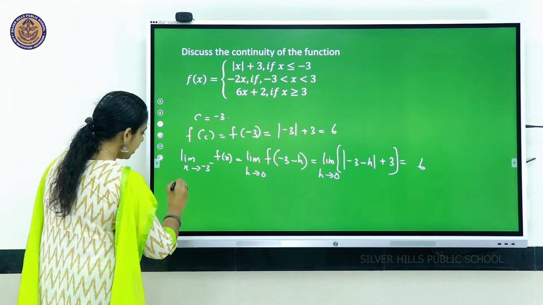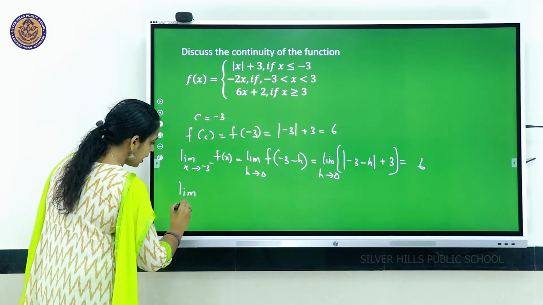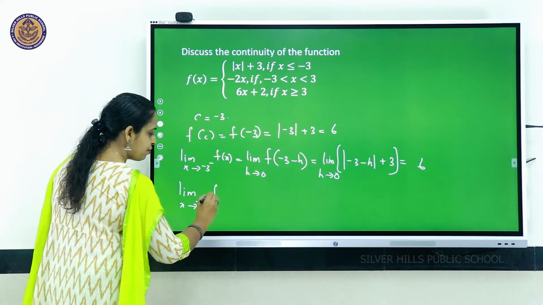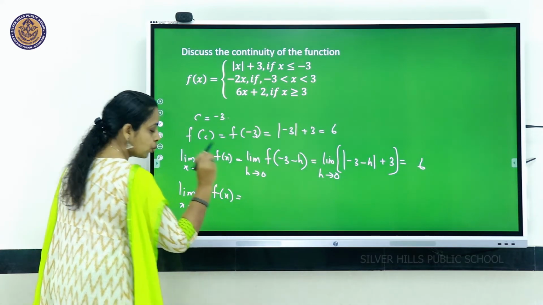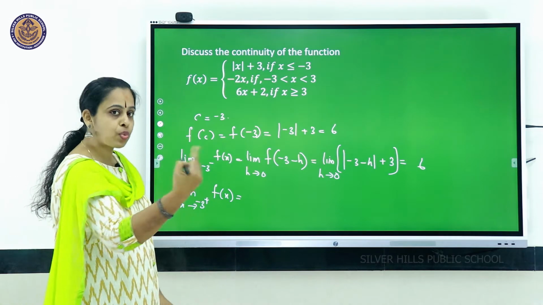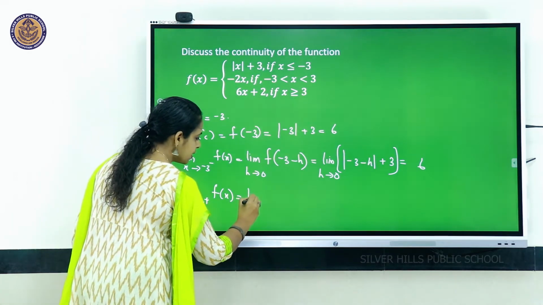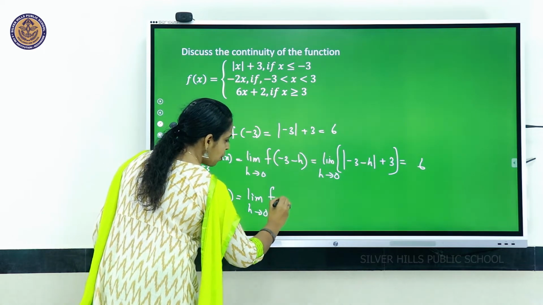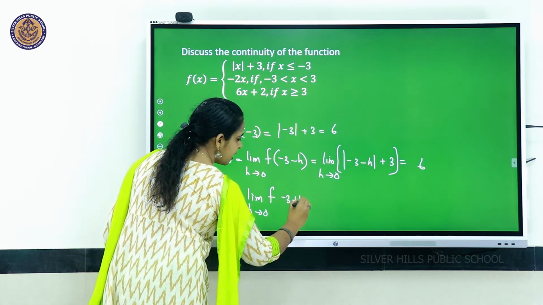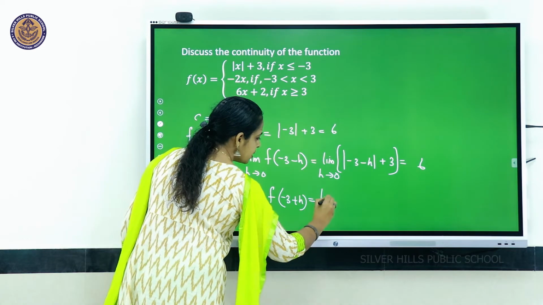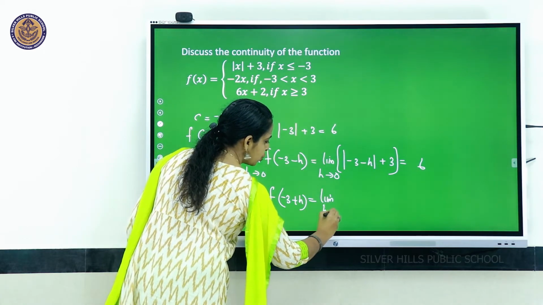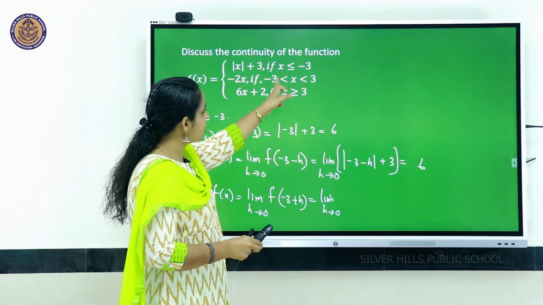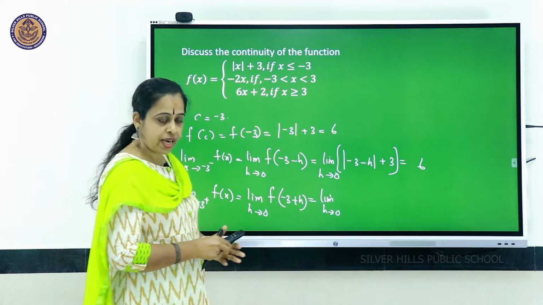Now, limit x tending to minus 3 plus of f of x. We are approaching minus 3 through the right side. Limit h tending to 0, f of minus 3 plus h. When x is greater than minus 3, it takes minus 2x.